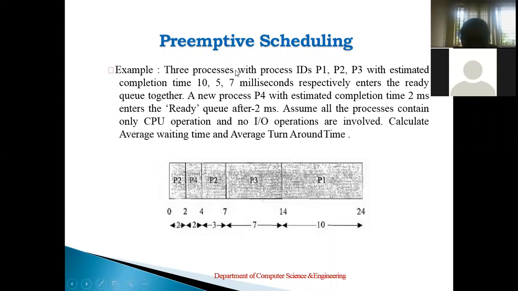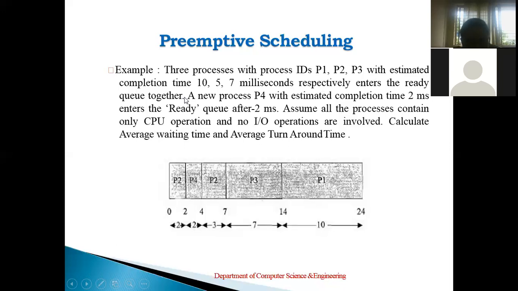There are 3 processes, P1, P2, P3, right? For P1, the execution time is given as 10. P2 execution time is given as 5. P3 execution time is given as 7 milliseconds. They have entered the ready queue together, right?